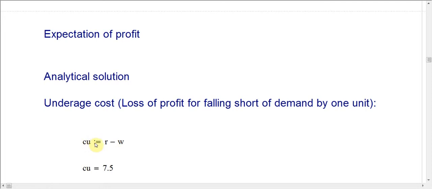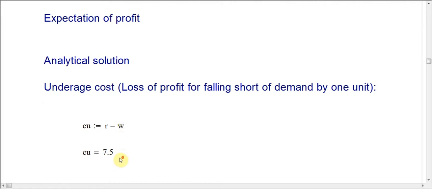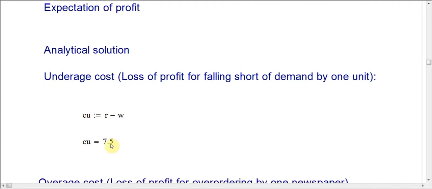So the loss of profit per newspaper is the revenue, the price at which the newspaper would be sold, minus the cost that the newspaper vendor would have to pay. So for every newspaper that was not bought, the loss of profit is 7.5 euros.